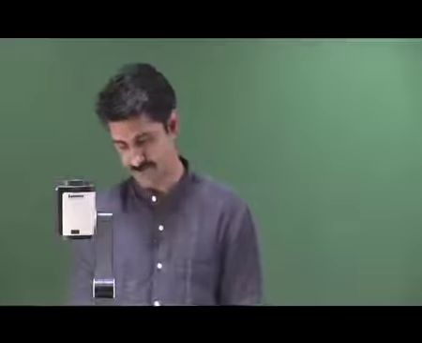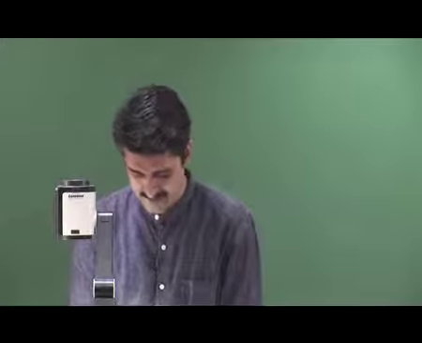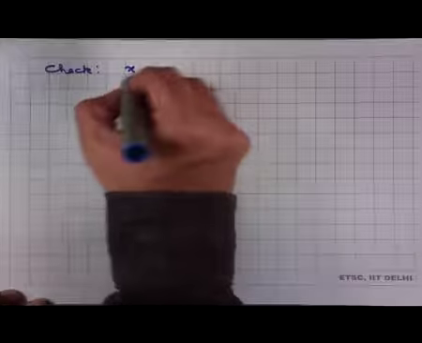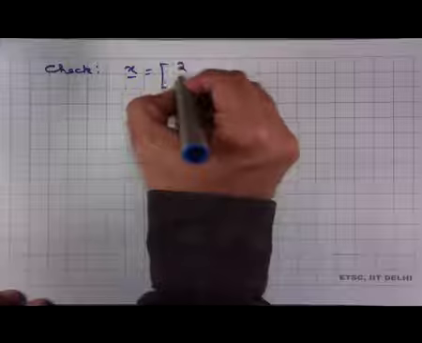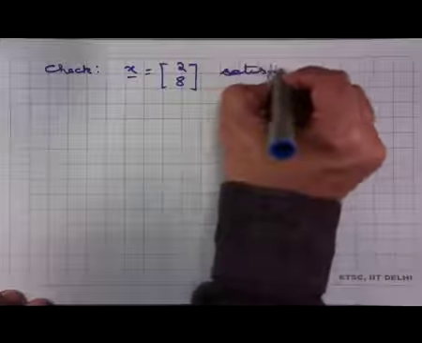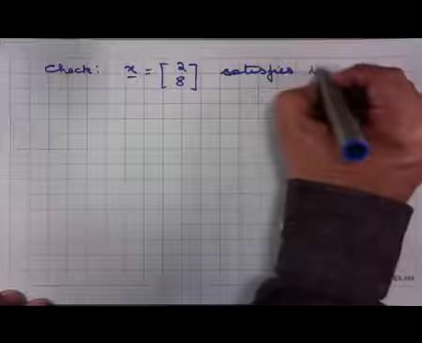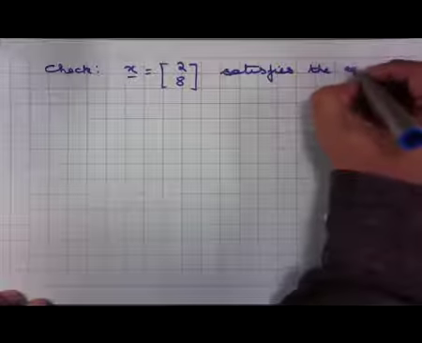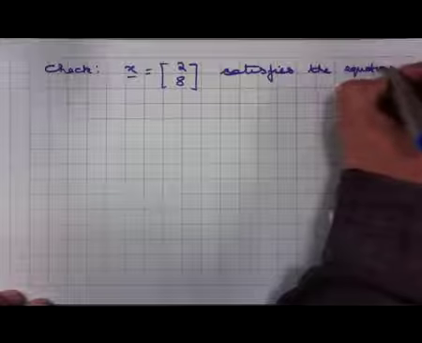Now, we can of course check whether this solution of 2, 8 satisfies the two individual equations. So, let us check that. Let us verify whether x bar equal to 2, 8 satisfies the equations or not. So, what are the equations?